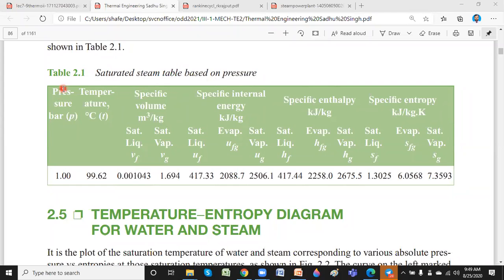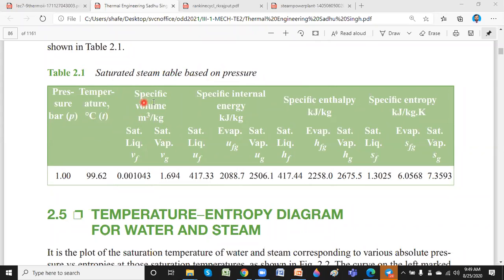Now see, there are saturated steam tables based on pressure, and there are saturation steam tables based on temperature. The basic difference is, you can see here the first column is the pressure in bar. That's 1 bar. Temperature is in degrees centigrade.